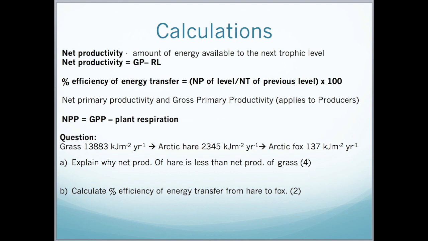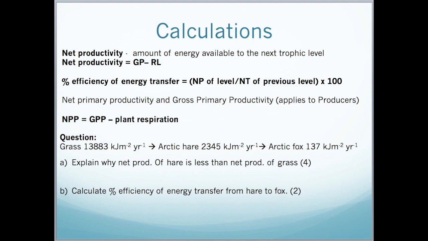We can also be asked to calculate the percentage efficiency of energy transfer, in which case we take the net productivity of a level divided by the net productivity of the previous level times 100. Net primary productivity and gross primary productivity apply to producers. To get the net primary productivity, we need to subtract plant respiration from gross primary productivity.